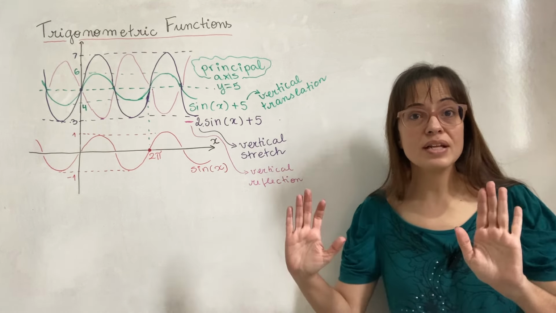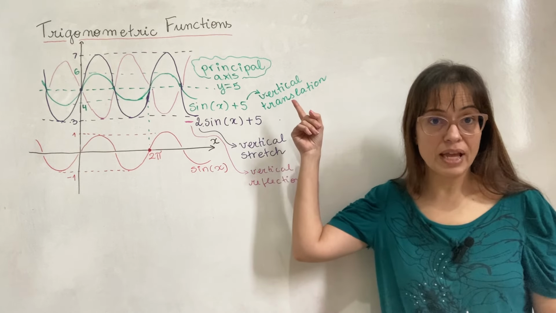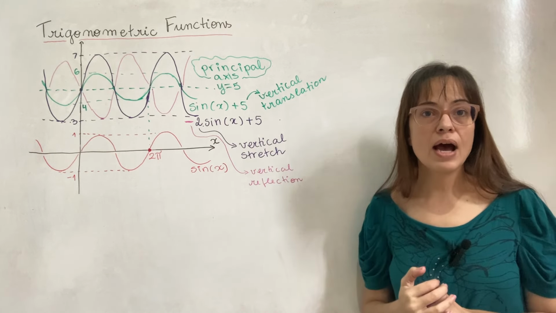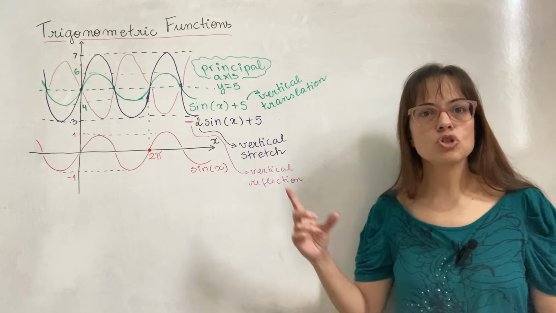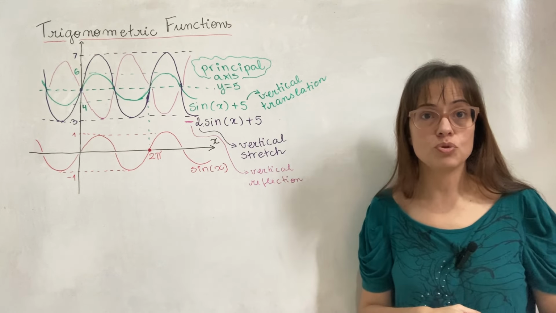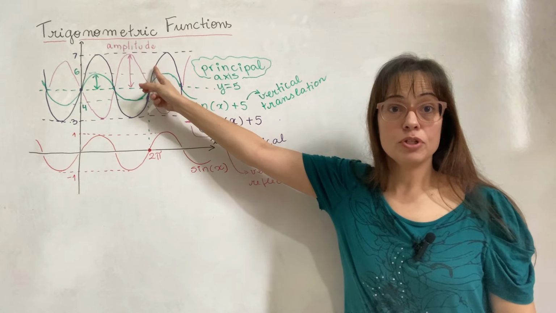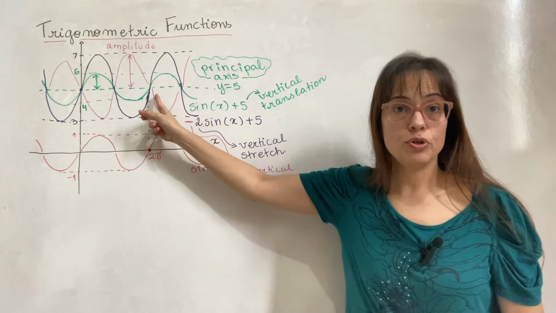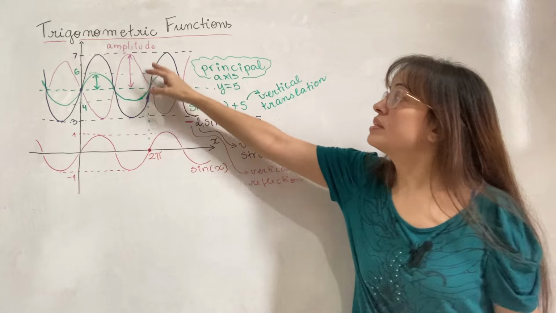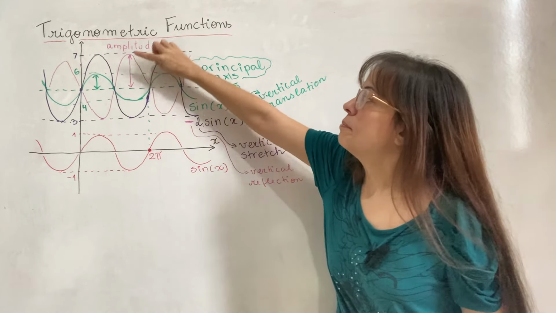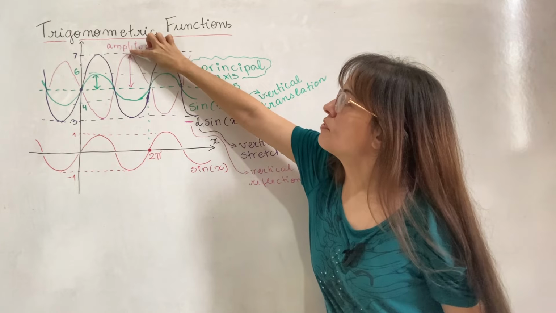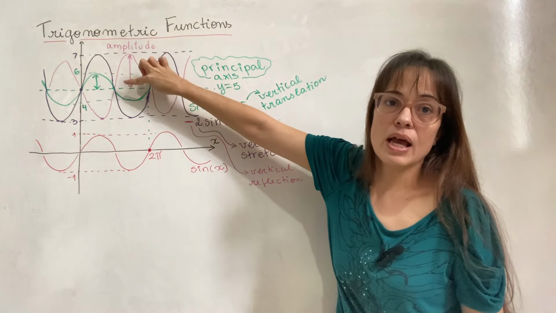You have the translation that changes the principal axis. You have the vertical stretch, which changes something that's called the amplitude of the trigonometric function. Amplitude is also an interesting word for you to know. And just know that the amplitude is the distance vertically between the maximum of a function and its principal axis, okay?